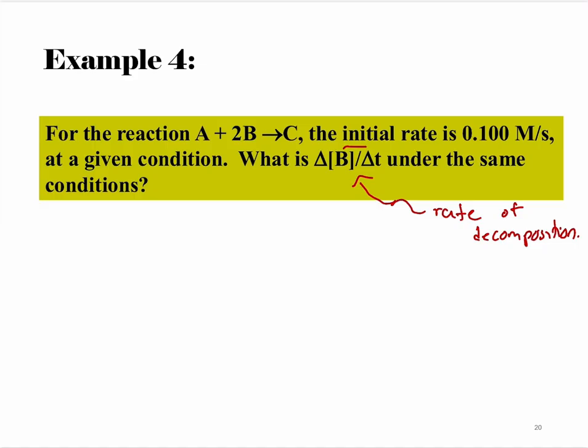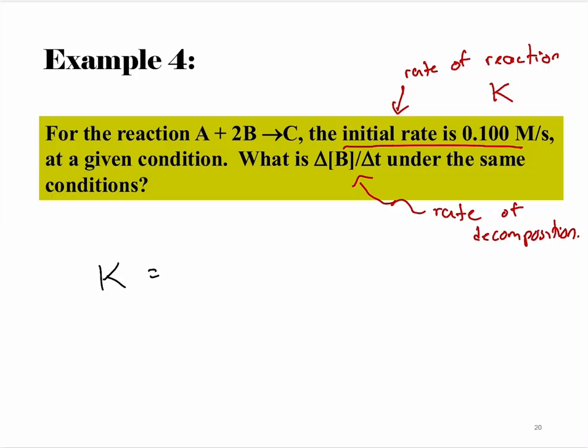Here you're given the initial rate, and this is the rate of reaction, which was, again, defined as uppercase K. So why don't you guys set up an expression and see if you can solve for the rate of decomposition here, relating the rate of decomposition to the rate of the reaction for B. The rate of reaction was uppercase K, and how is that related to the rate of decomposition of B?